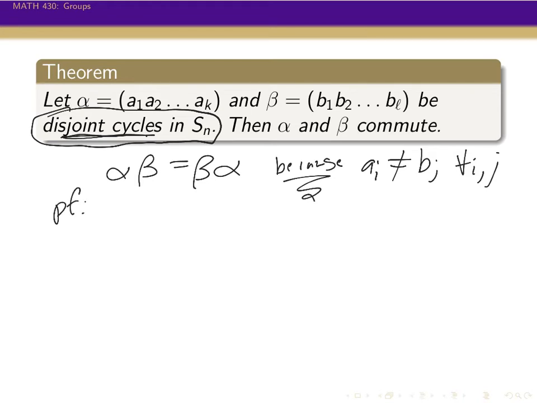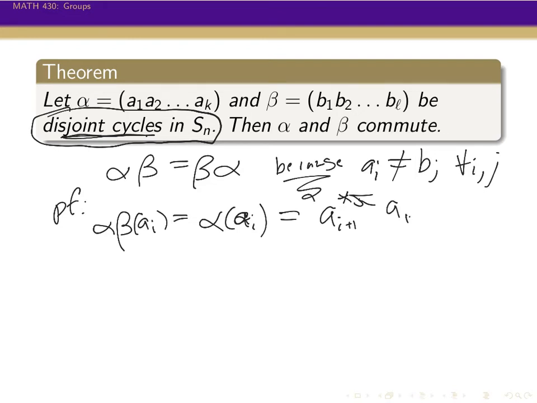Well, if I take alpha beta and I apply it to, say, a_i for one of the i's, well, beta of a_i does not appear in there, and so this is just going to be equal to alpha of a_i, which is going to spit back out the next one in the set, a_{i+1}*, and the star is saying that if we got a_{k+1}, it is actually a_1.